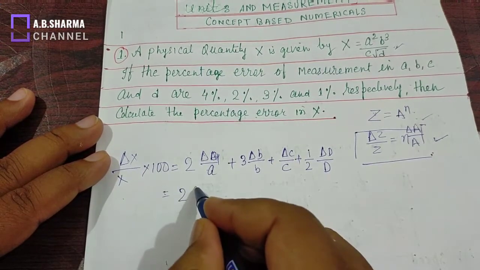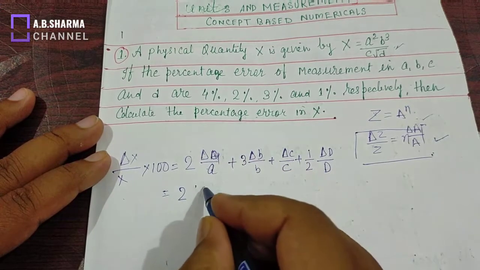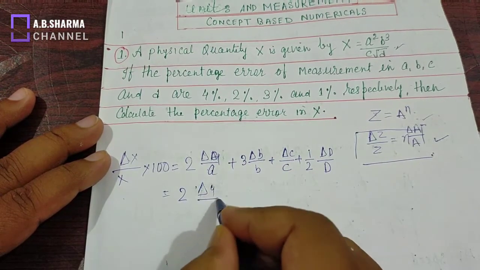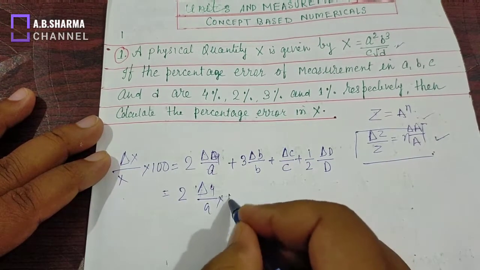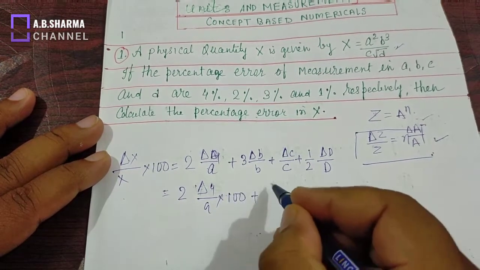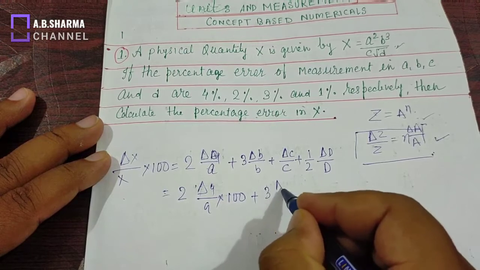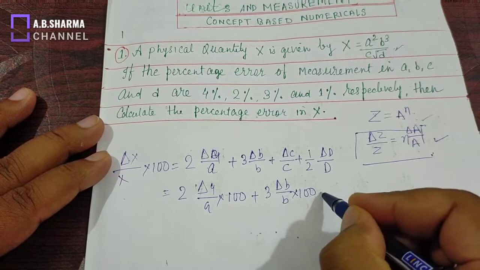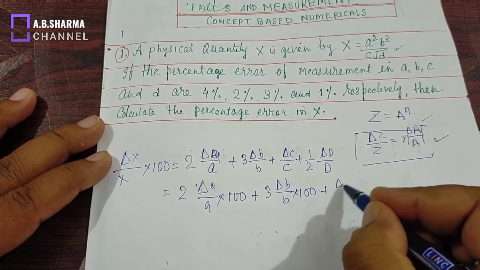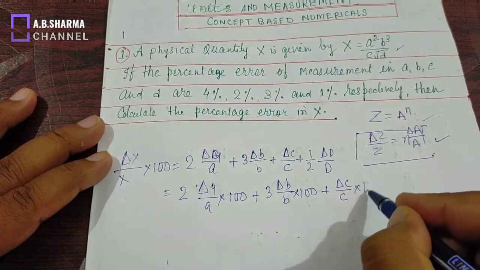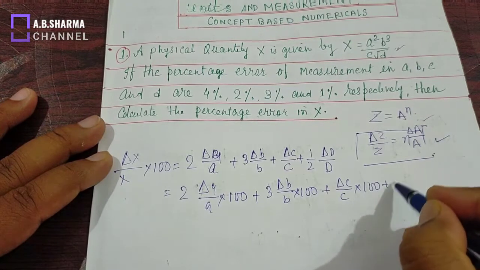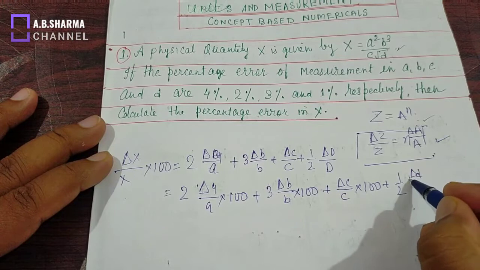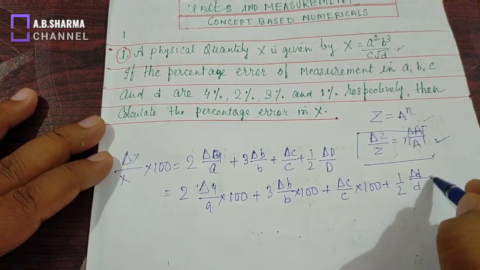We have to calculate percentage error, so this is 2 into delta A upon A into 100 plus 3 delta B upon B into 100 plus delta C upon C into 100 and plus 1 by 2 delta D upon D into 100.